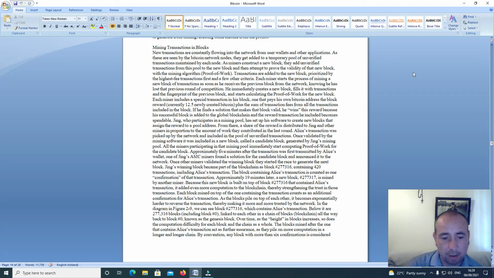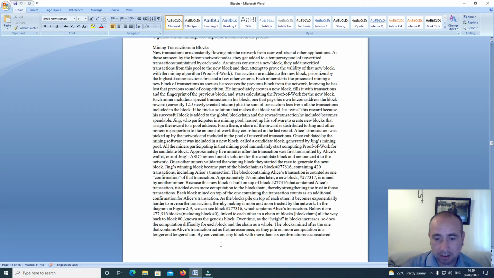In the diagram, figure 2.9, we see block hash 277316, which contains Alice's transaction. Below it are 277316 blocks, including block hash 0, linked to each other in a chain of blocks, a blockchain, all the way back to block 0, known as the Genesis block.